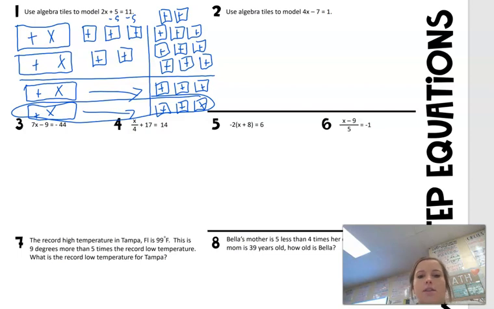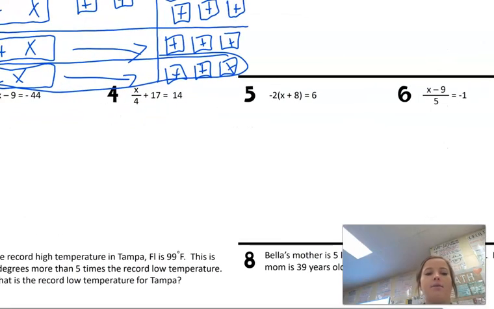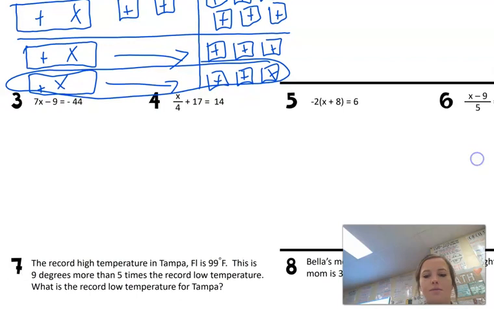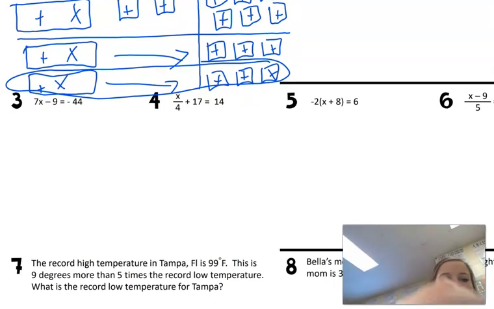All right, let's skip down here to number 3. We have 7x minus 9 equals negative 44. So, first things first, we're going to draw our river.